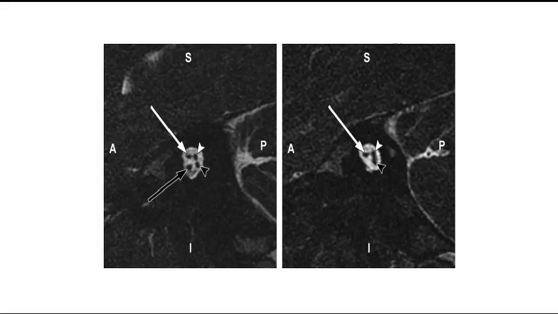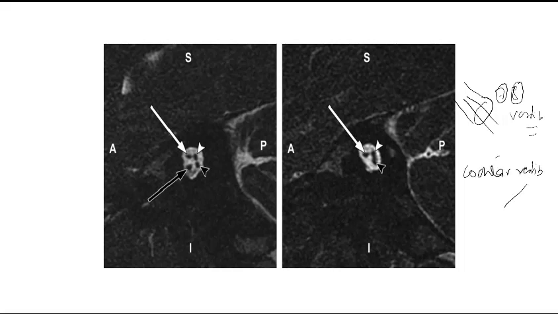Okay, so we know that from the porus acousticus, two nerves are entering the internal auditory canal: the seventh nerve and the eighth cranial nerve. The eighth cranial nerve, which is the vestibulocochlear nerve, has two components: the cochlear component and the vestibular component. The vestibular nerve is again divided into superior and inferior vestibular nerves.